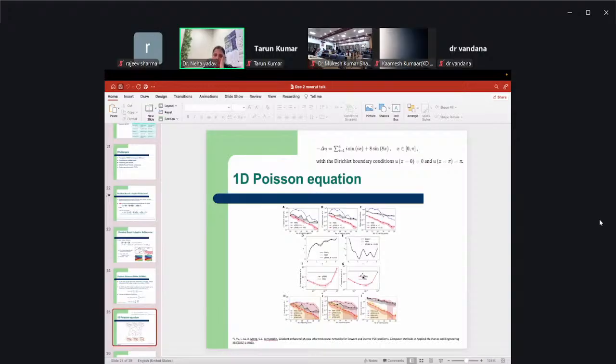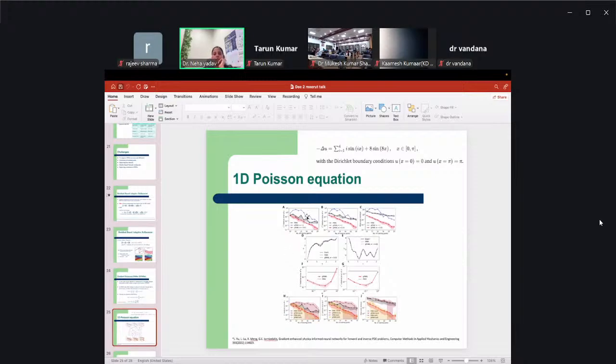So let us suppose we want to solve this 1D Poisson equation using GPINNs. It has been solved using GPINNs, and what has been observed is that GPINN depends very much on how we choose the number of training points, and how the weights of this loss function are chosen.